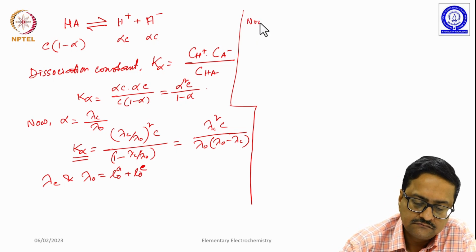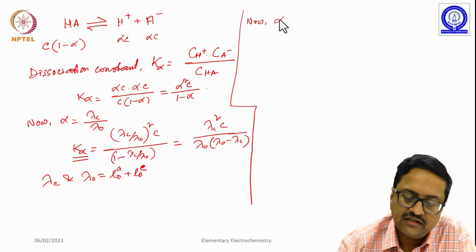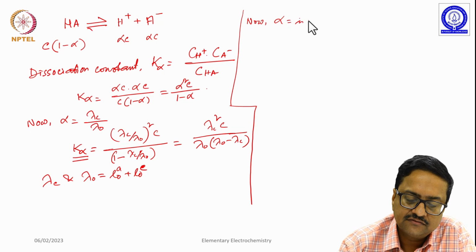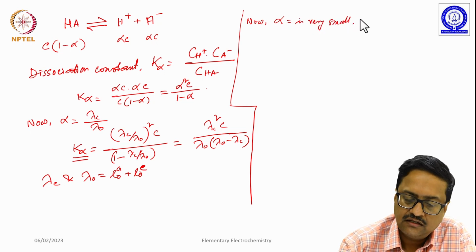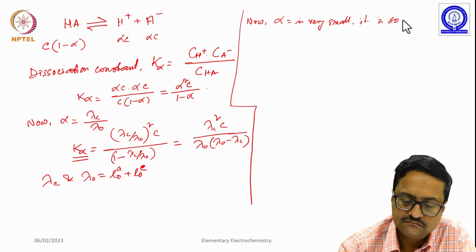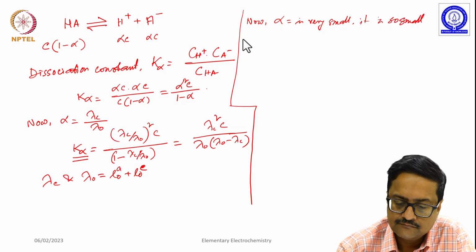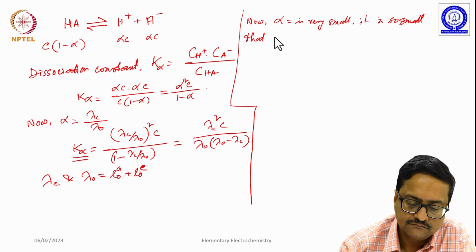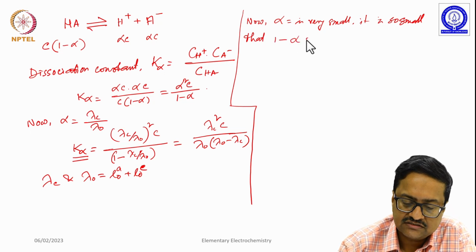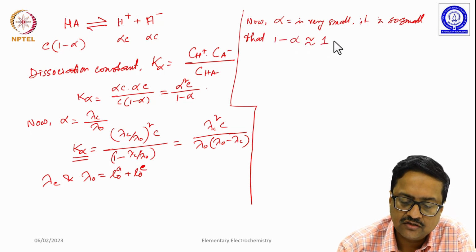Now, in general, alpha is very small. It is so small that 1 minus alpha can nearly be equated to 1.